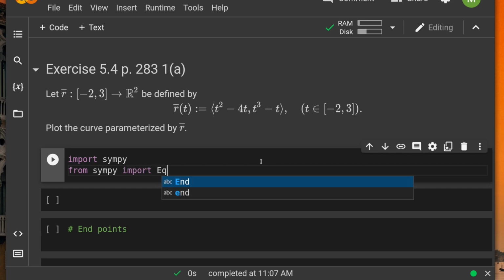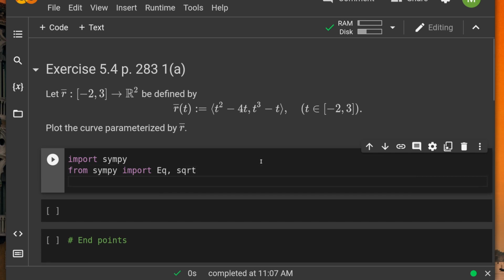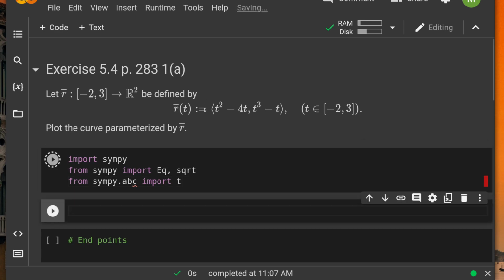We're going to want to solve equations, and we're also going to need the square root, and some abstract symbol to work with. So from sympy.abc, the package that contains all the abstract symbols, we're going to use t, because we've got a t in our vector function.